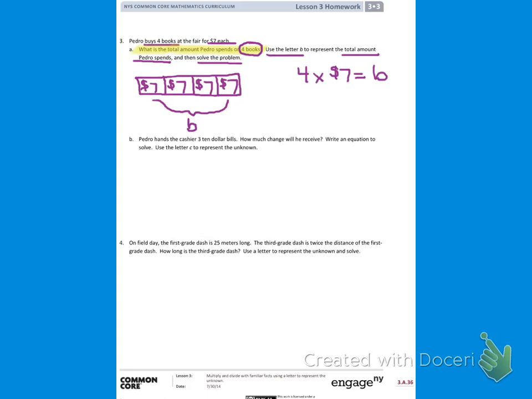Now I will solve it. 7 plus 7 is 14. I'll put a dollar sign there too. And here's another one. 7 plus 7 is 14. Adding doubles is easy. Now I'll take those two 14s and add them together. $14 plus $14.